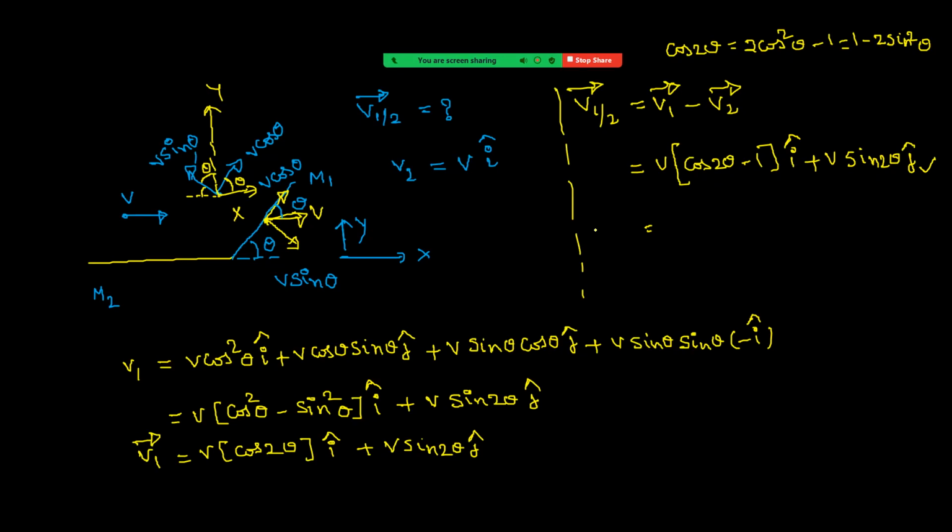If you want the modulus value of V12, then I take v outside, remaining square root of cos 2 theta minus 1 whole square plus sine 2 theta whole square.